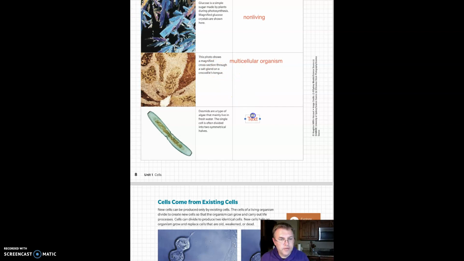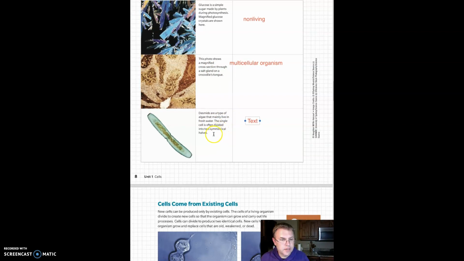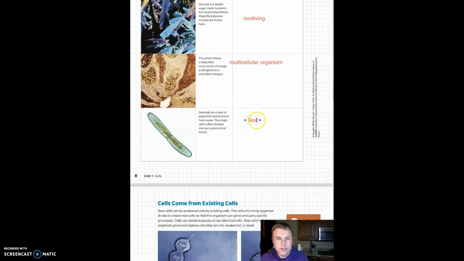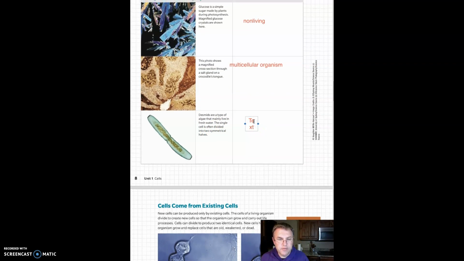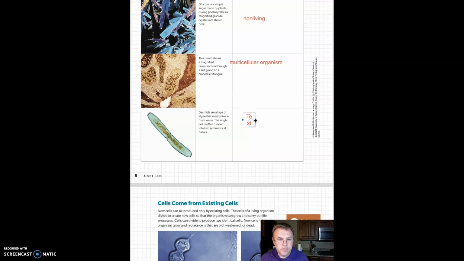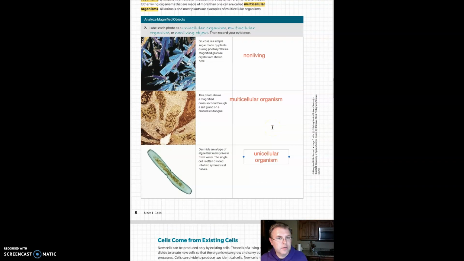It even says right here, the single cell is often divided into two symmetrical halves, but it is a single cell. So that would make it a unicellular organism. One cell. So non-living, multicellular, and unicellular there for number 7.